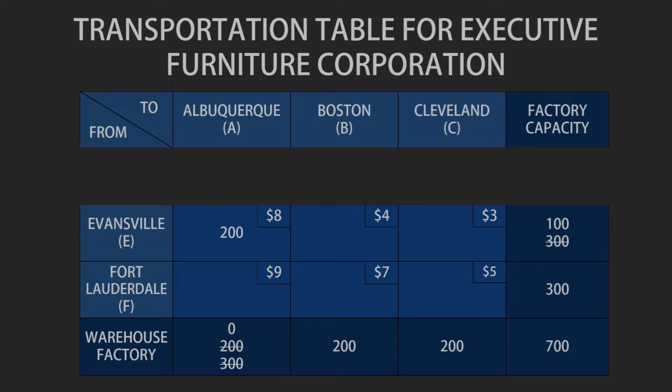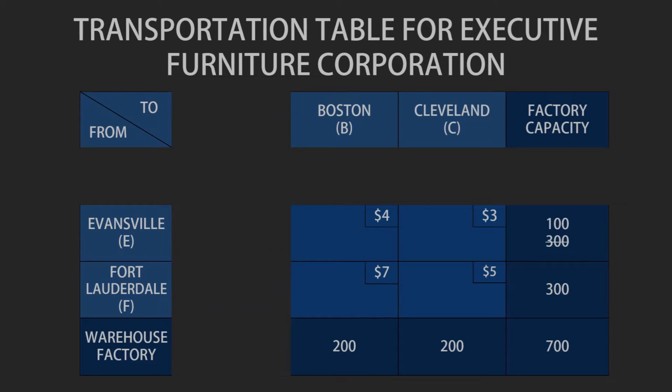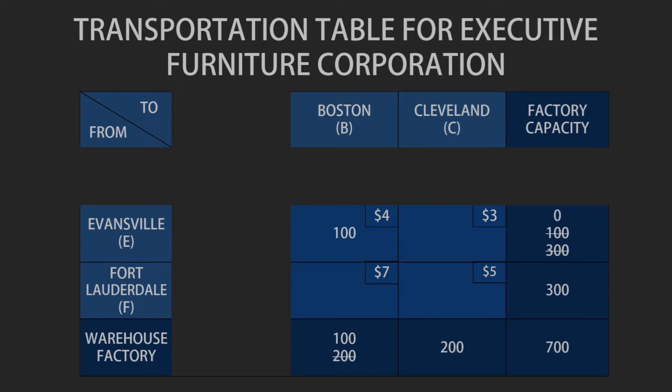The Evansville factory has 100 units remaining, so we move to the right to the next column of the second row. Next, assign 100 units from Evansville to Boston. The Evansville supply has now been exhausted, but Boston's warehouse is still short by 100 desks.